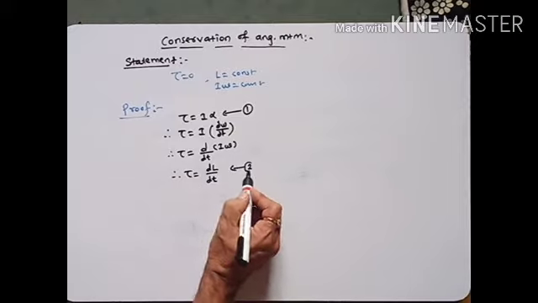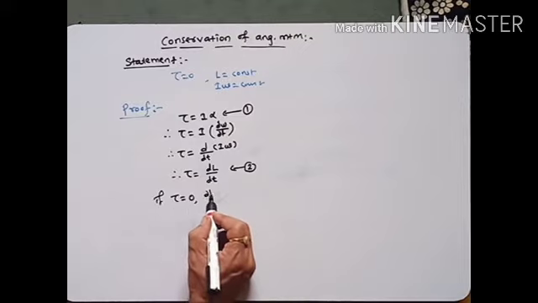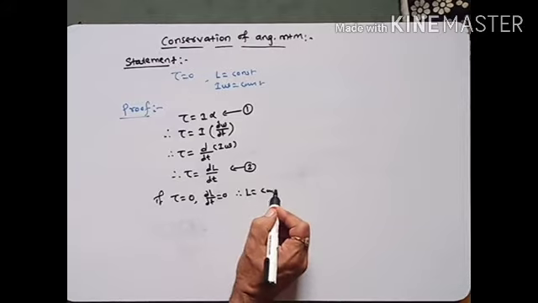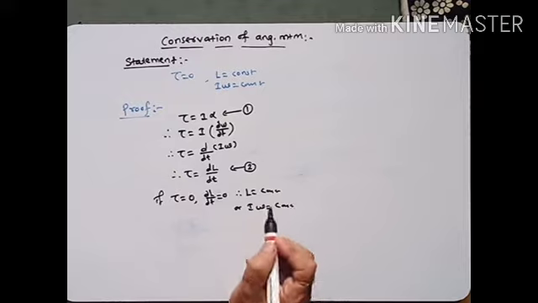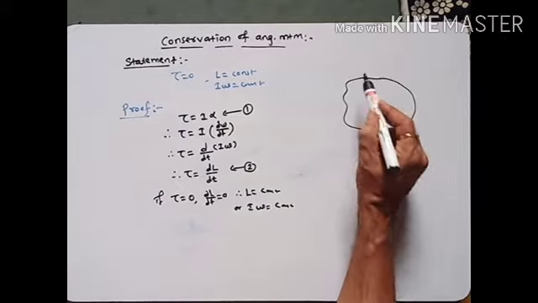Suppose equation number 2. Now, if tau is equal to 0, then dL by dt is equal to 0, and therefore L is equal to constant, or I omega is equal to constant. This is our proof.